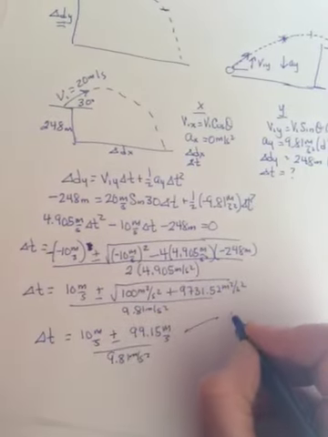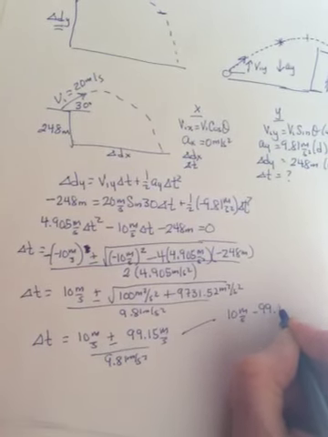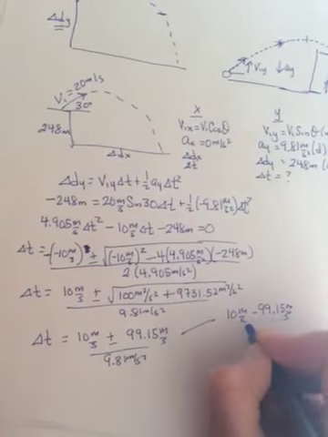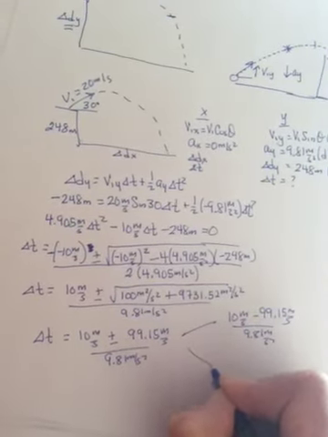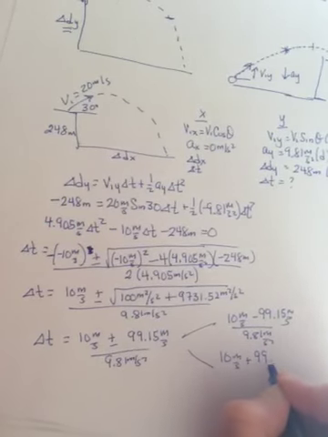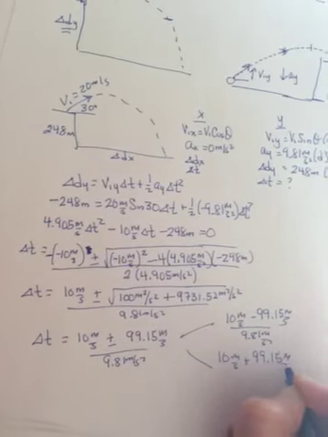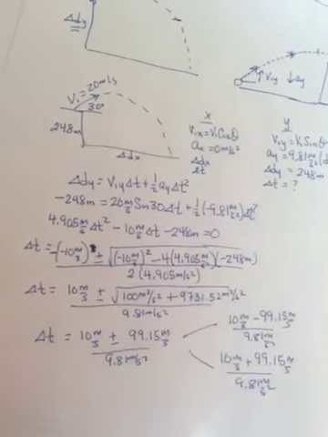So it's going to give us two possible answers. 10 meters per second minus 99.15 meters per second over 9.81 meters per second squared, or 10 meters per second plus 99.15 meters per second over 9.81 meters per second squared.